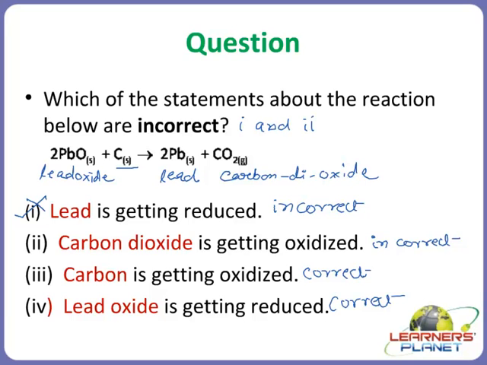So this was your answer. This is the way you need to analyze each and every statement. And remember students, oxidation is addition of oxygen and reduction is removal of oxygen. Likewise, oxidation is removal of hydrogen and reduction is addition of hydrogen.